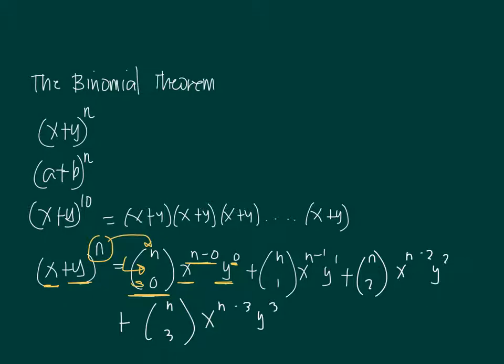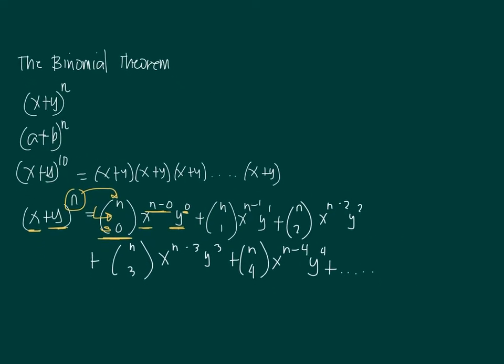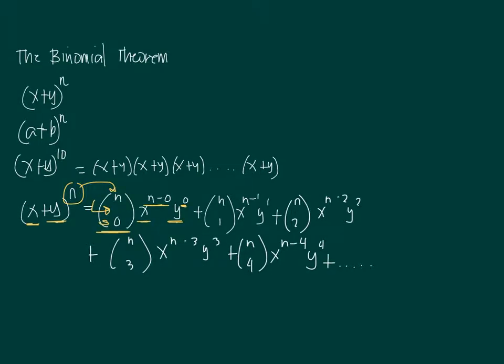And then again, like I've said, there are following expressions after this, so we can expect the next to be n4, x to the n minus 4, and then y to the 4th. And then this could go a lot of terms until you produce n, when the n and the n are the same, then x to the n minus n, and then y to the n.